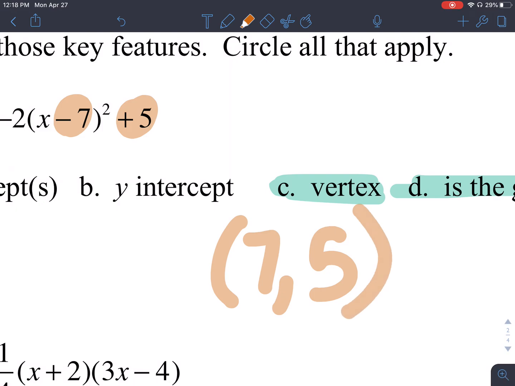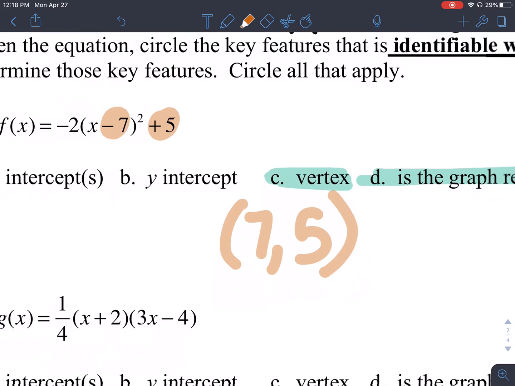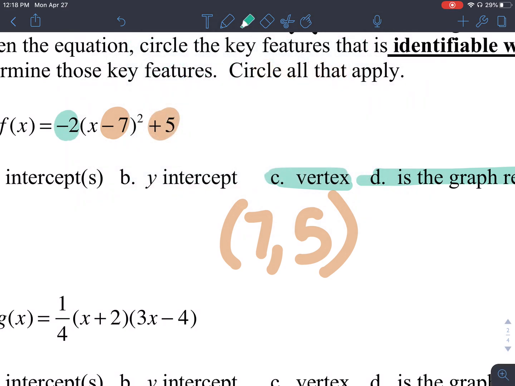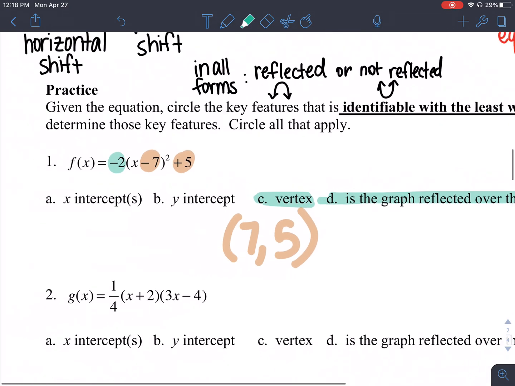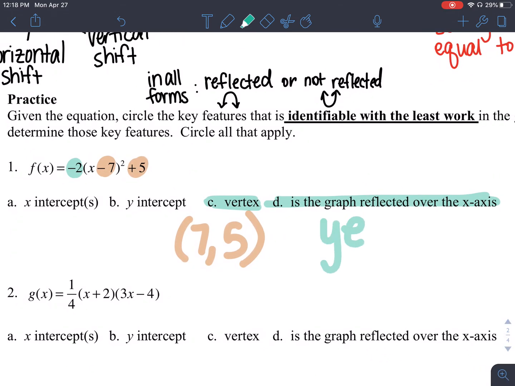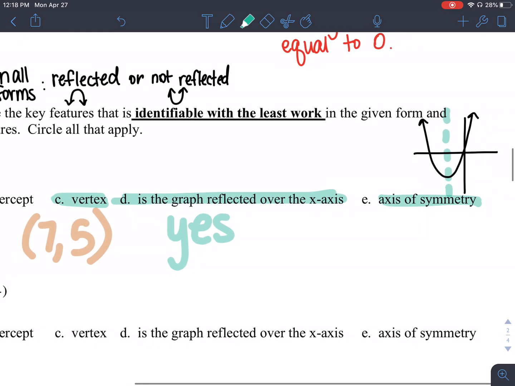Right 7, up 5. A reflection is determined by that a value. So that a value is negative. So in this case, is it reflected? Yes, because that a value is negative. And then last but not least, the axis of symmetry. So we talked about it being that vertical line.